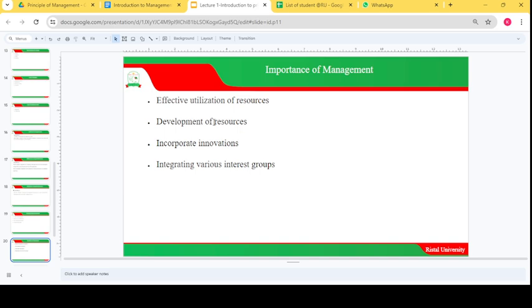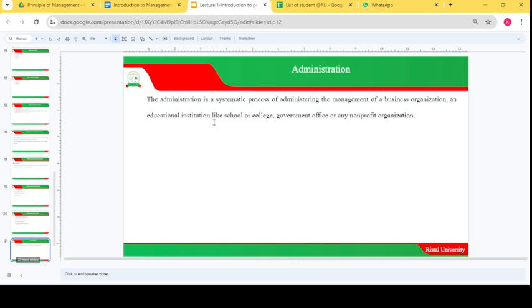So we have incorporate innovation, and then we also have integrating various interest groups. So those are some of the importance of management.